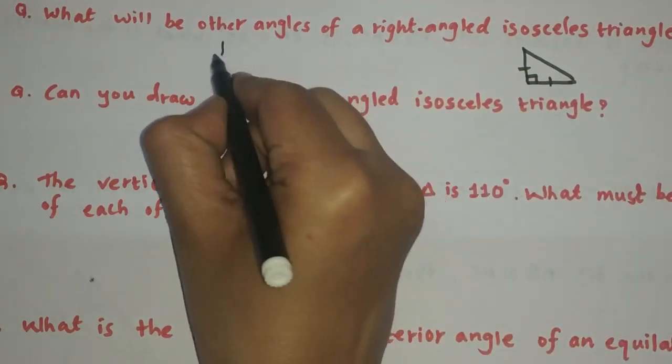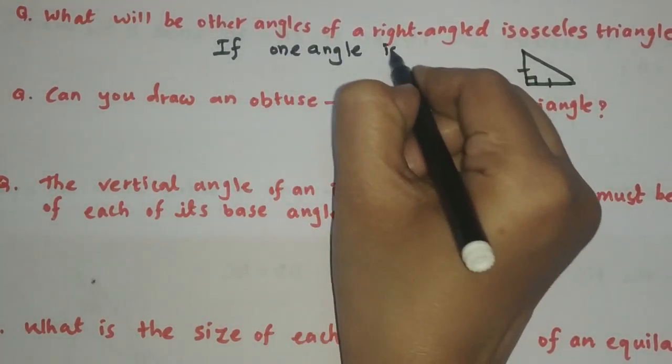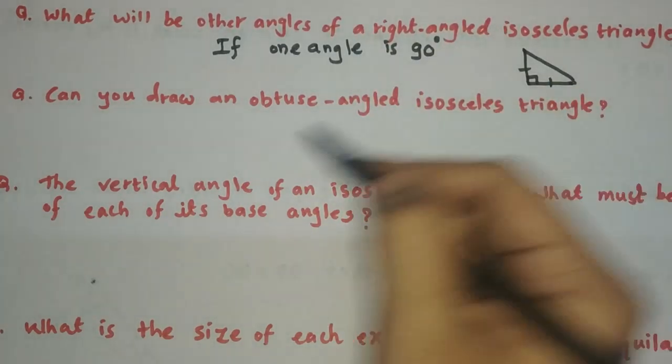If one angle is 90 degrees, then the other should be what?